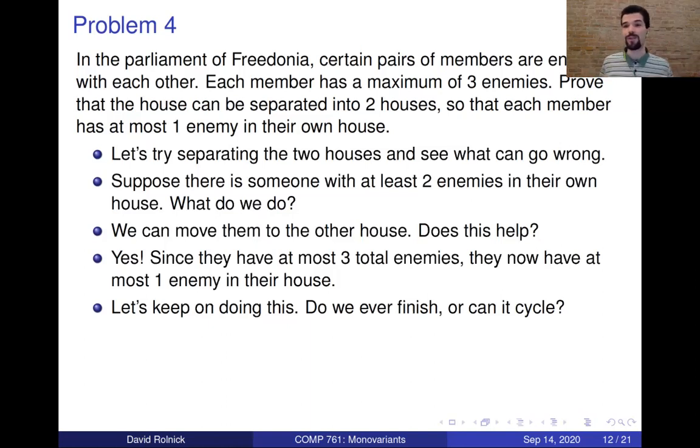You can visualize this as a graph. So does this ever finish? Can it cycle? Is there anything that we're doing that's making progress that we can think of as permanent progress?